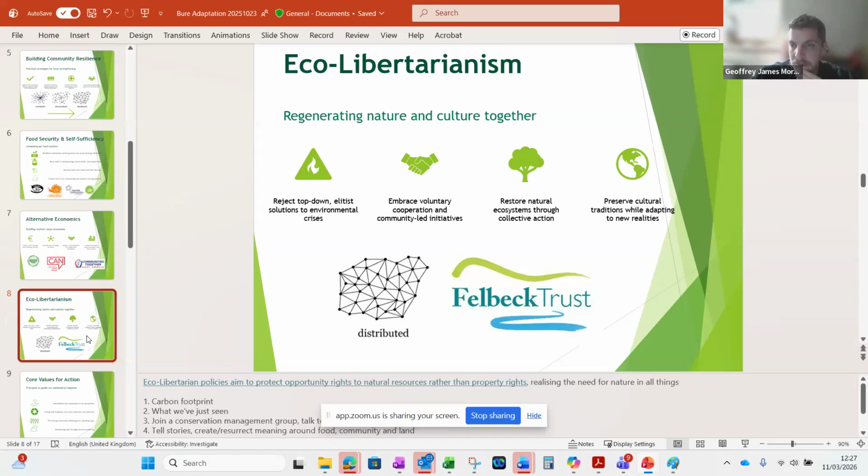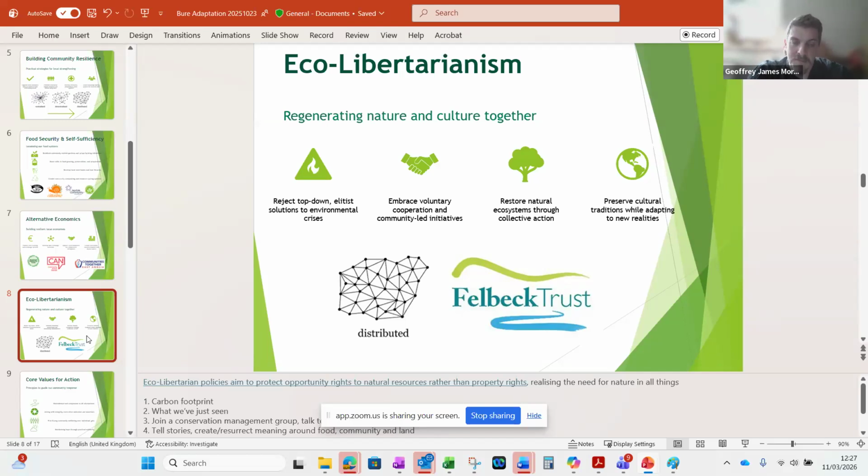And the last one, preserving cultural traditions and adapting to new realities. I think in England particularly, we have quite a big gap between the version of our country that was close to the land and understood the seasons and understood how the land works and how the ecology works and had stories around that, rituals, food and festivals around it.